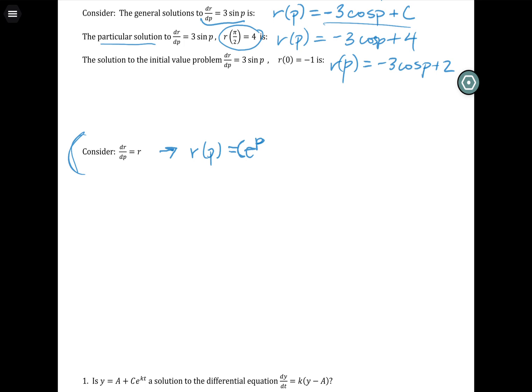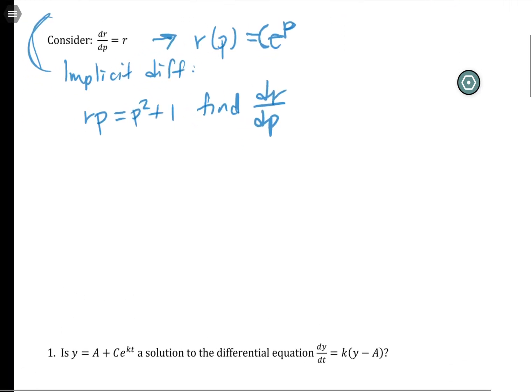We have had to think like this before in Calc 1. This might seem brand new, but think about implicit differentiation. So if I have something like r times p equals p squared plus 1, and I want to find dr dp, we would take the derivative of both sides with respect to p.